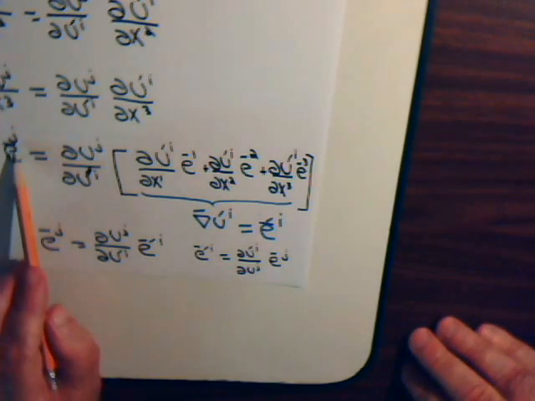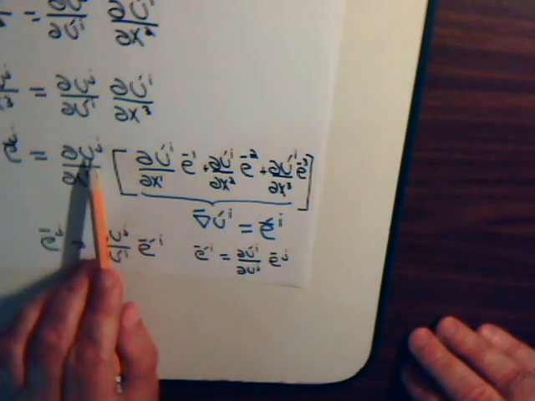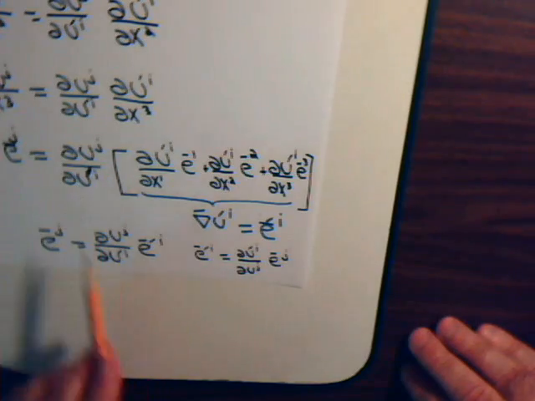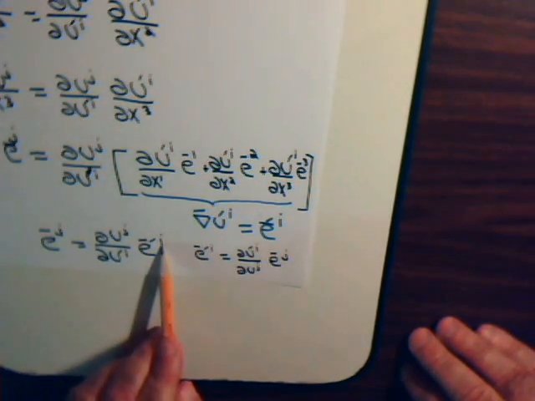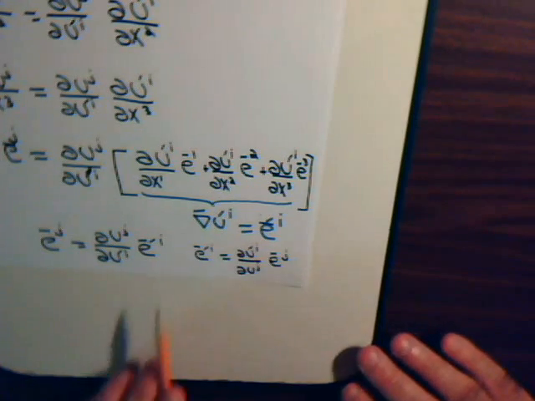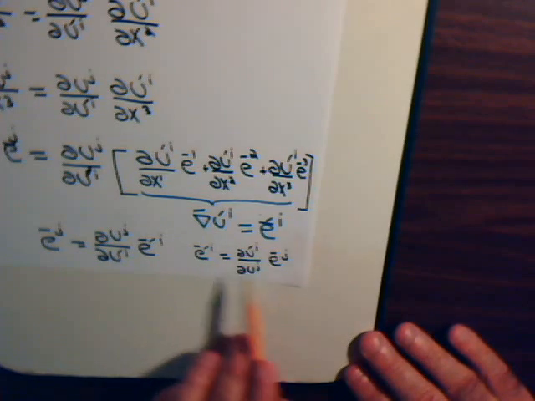So what we have is E_j is equal to the partial of u_j with respect to u prime i times e prime i.